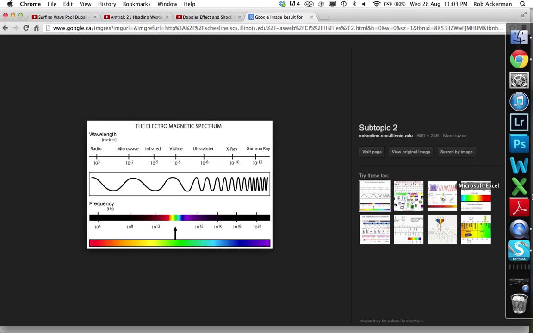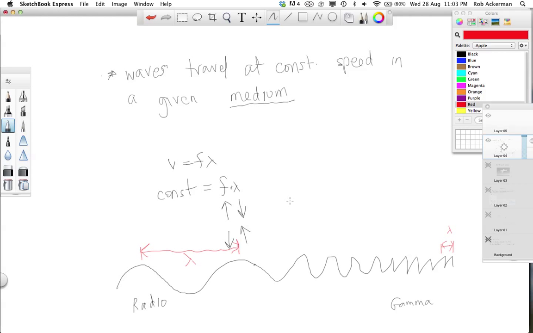So if you go back here and you think about what we just said, that makes sense. Long wavelengths, big wavelengths, low frequencies. Short wavelengths, high frequencies. All right, so that's an interesting observation there.